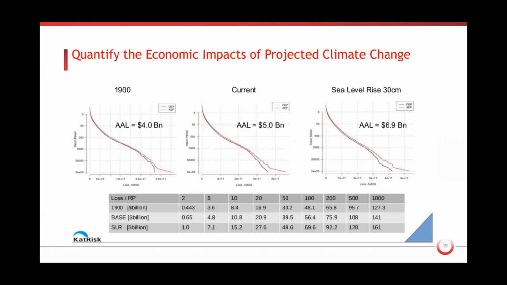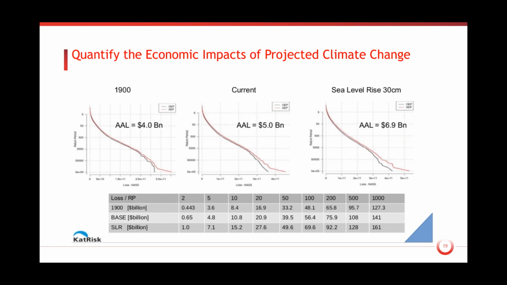And in this case, we can see that purely just to that alone, so this is using today's building stock and population in all of these three scenarios. So we're just changing the sea level rise. You see that it increases the average expected loss from 4 billion on the left to nearly 7 billion on the right.